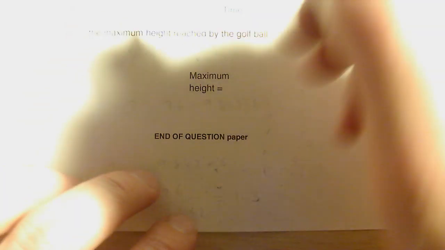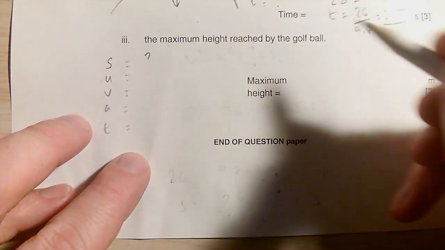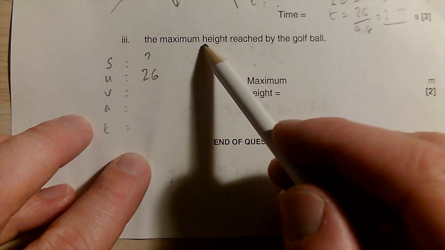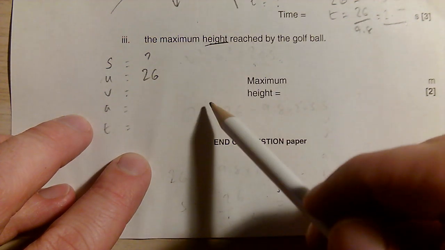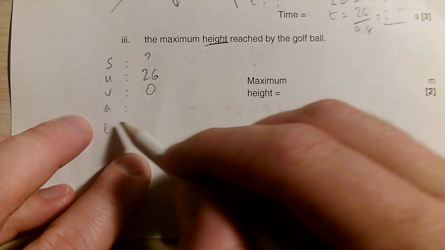And the last part is working out the maximum height, and it's another SUVAT thing, so we're going to write down our SUVAT letters. And this time we know everything apart from s, the displacement that we're trying to work out. So s is the maximum height, u is 26, that's the initial vertical velocity.